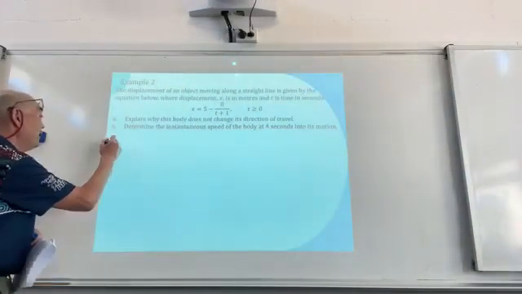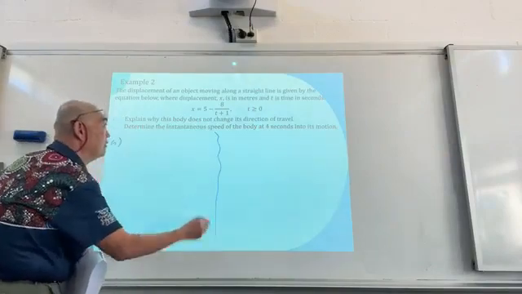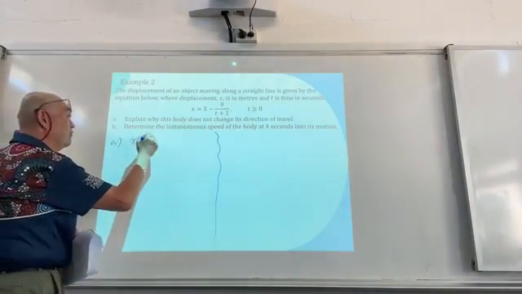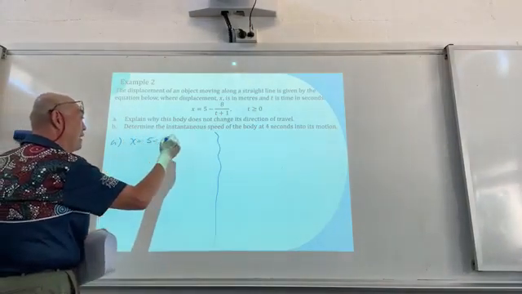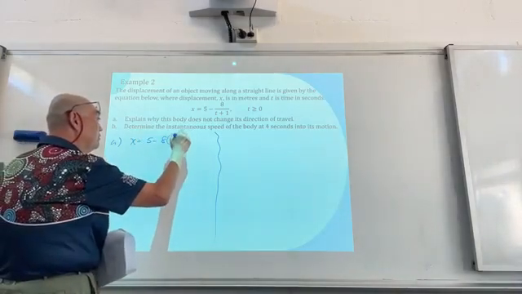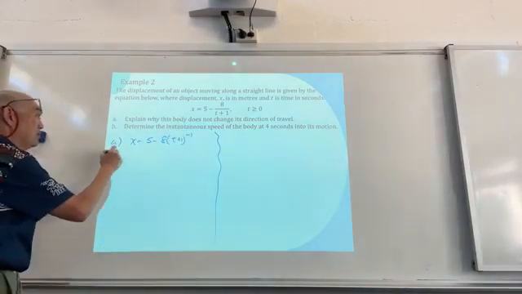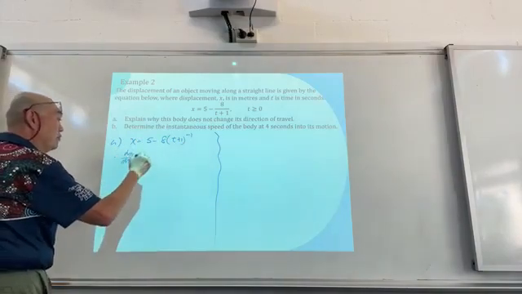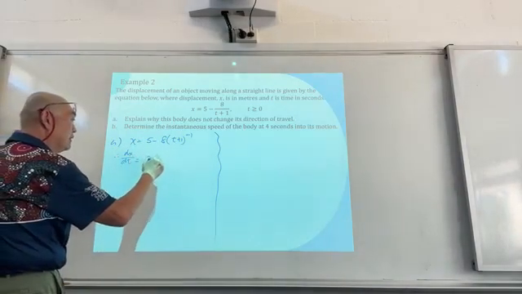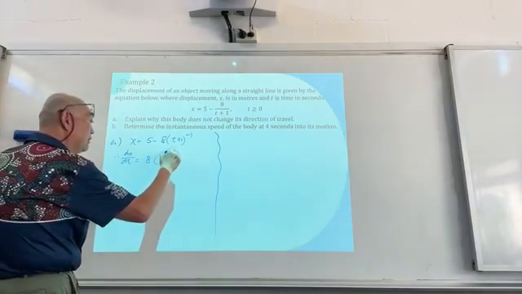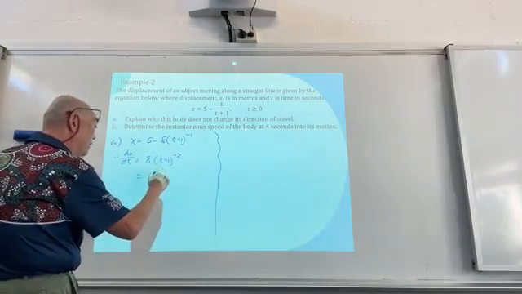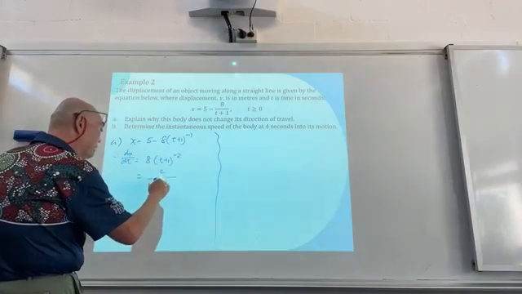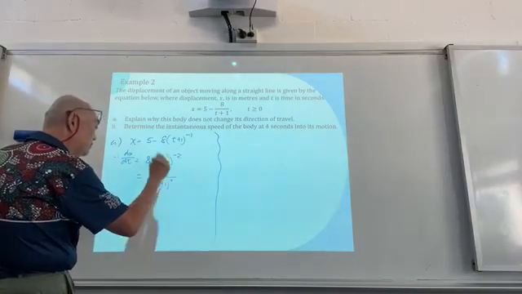So part A, x equals 5 minus 8 times (t plus 1) to the power of minus 1. Therefore, dx/dt equals plus 8 (t plus 1) to the power of minus 2, which is 8 over (t plus 1) squared.